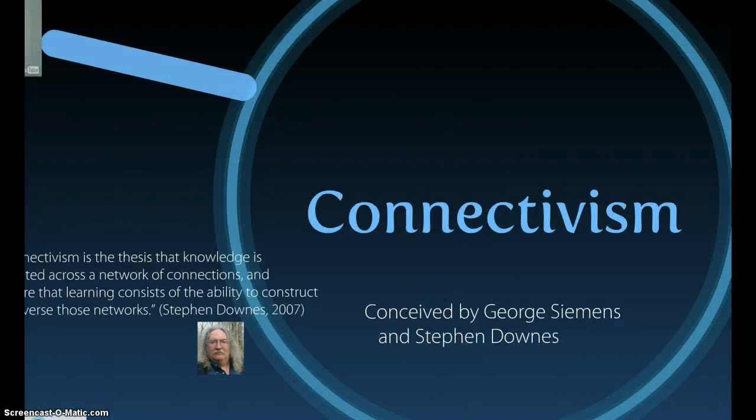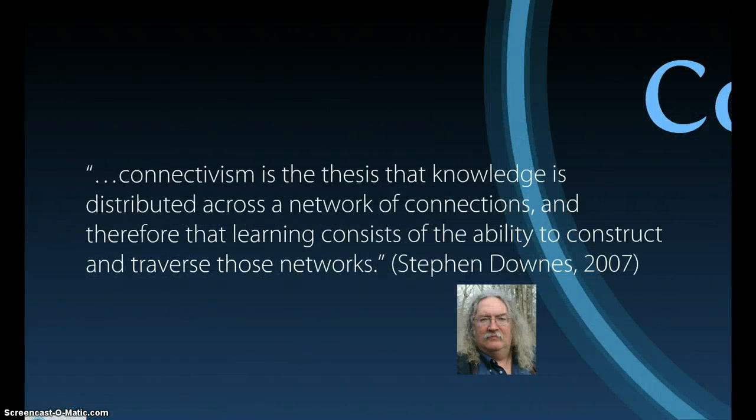And the idea is that knowledge or information sources can be found across a network, and the better you're able to navigate those information sources and to find them and make use of them, the more knowledge you'll gain or be able to gain, and the more information you'll have access to.